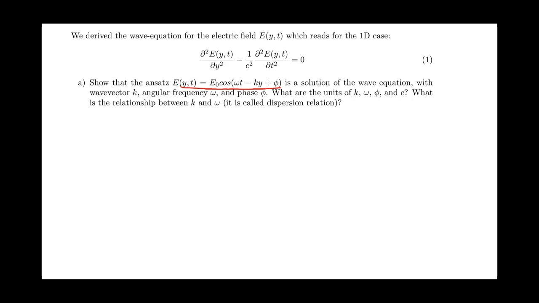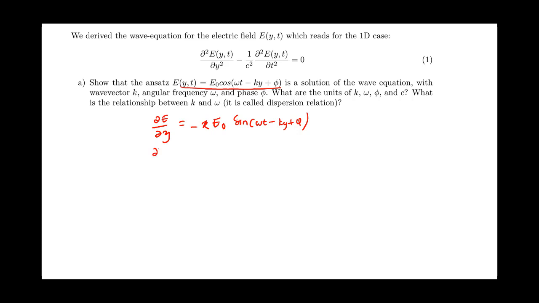So you can do that very easily, right? You can just do dou E by dou y. That would be E naught sine omega t minus ky plus phi, some angle, right, times k with a negative sign, right?